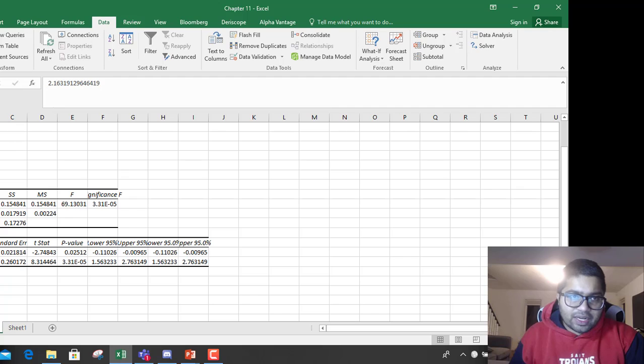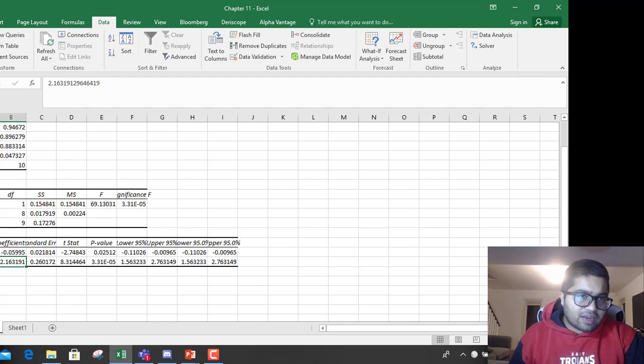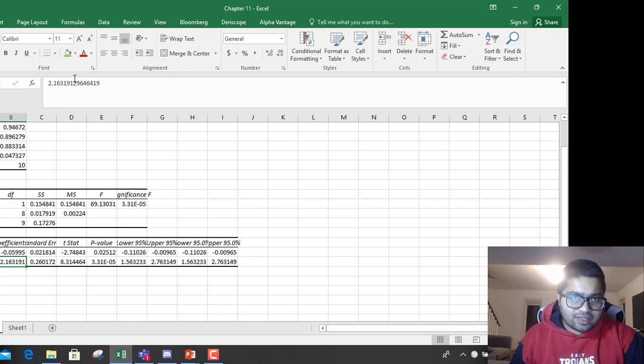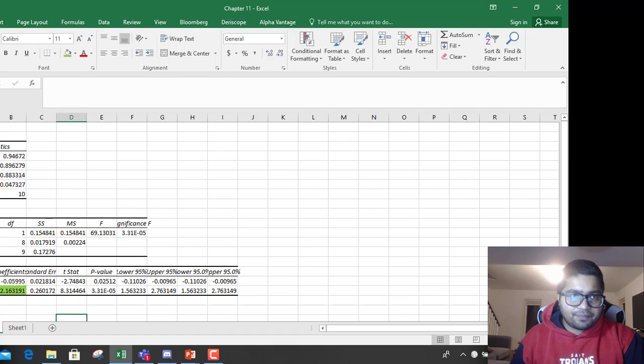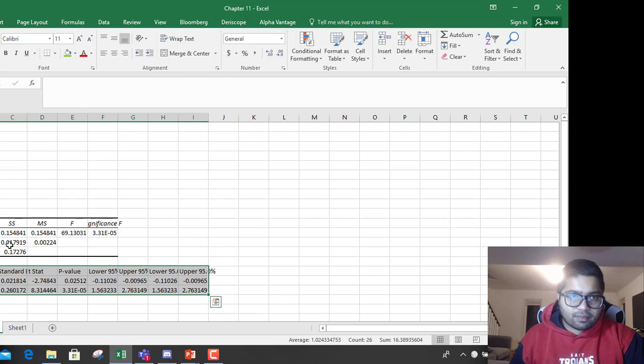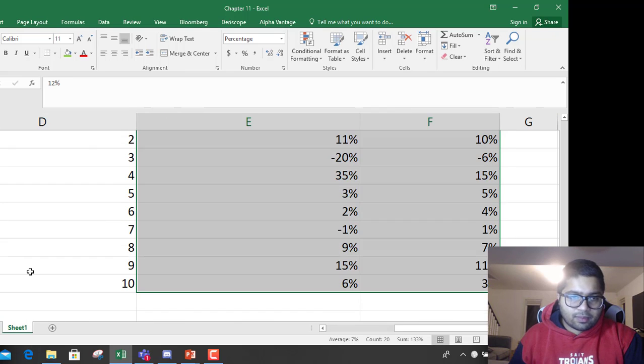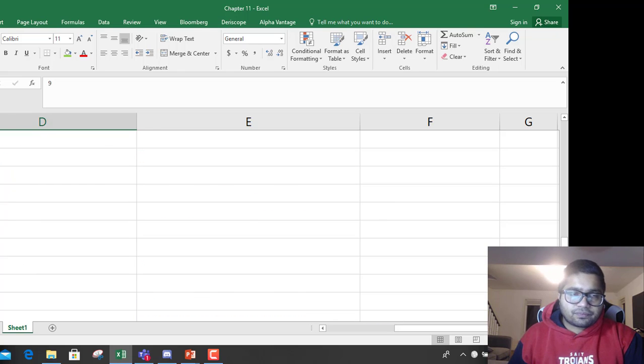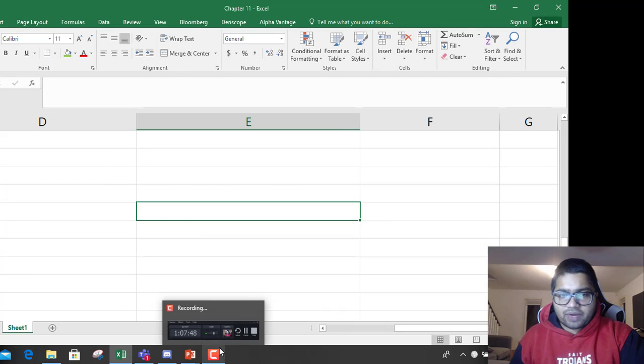Whatever output you get, multiple R, R square, adjusted R square, standard error, observations, regression, intercept, all this stuff, you're not interested in that. You're interested in X Variable 1, that is nothing but beta. So beta of this stock is 2.16. That's how you find out beta.